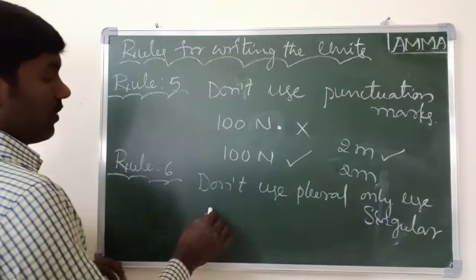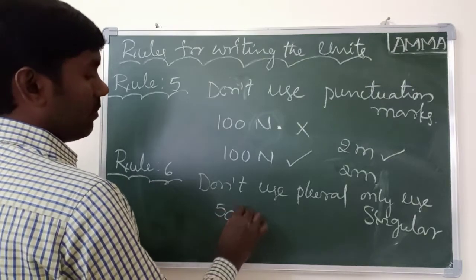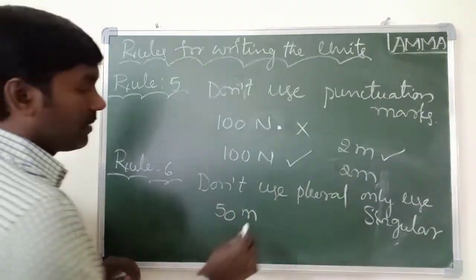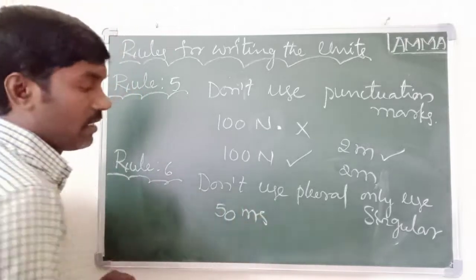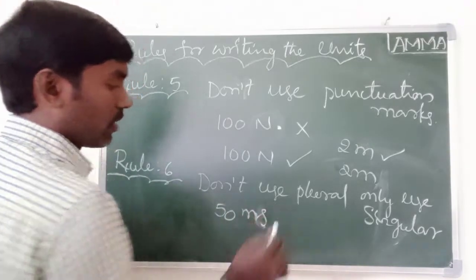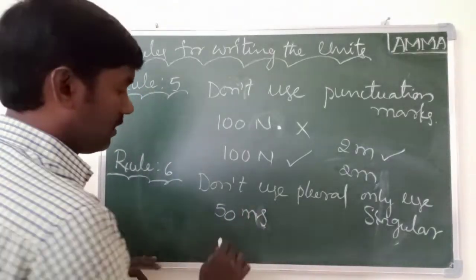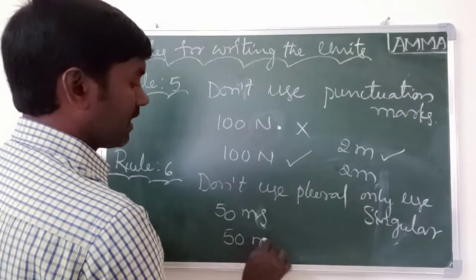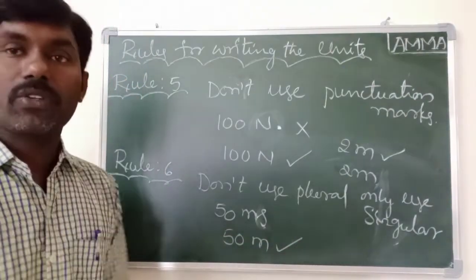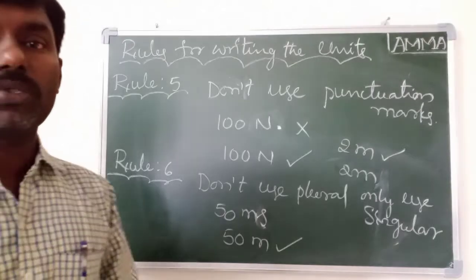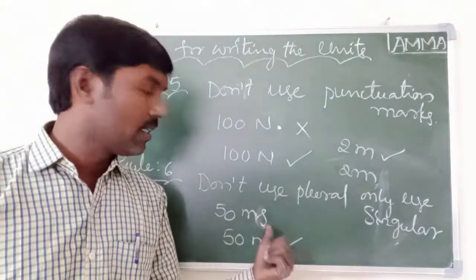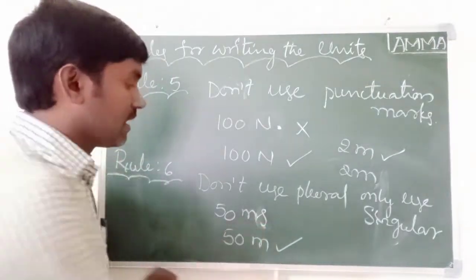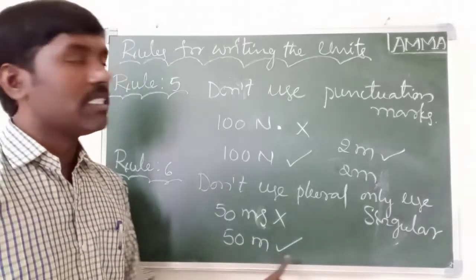Means students, for suppose 50 meters are there. Don't use the plural, just 50 meter. This is the correct answer. Even if the value is plural, don't use plural words. So 50 meters is wrong. This 50 meter is the right answer.